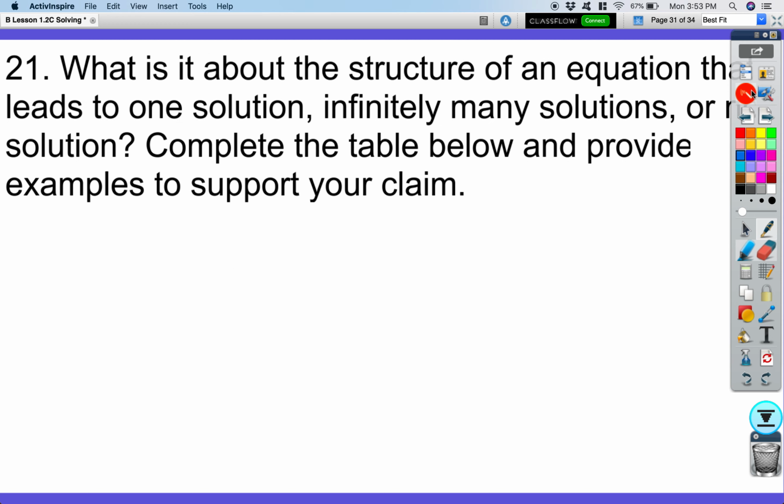All right, what about the structure of the equation that leads to one solution, infinitely many solutions, or no solution? Complete the table below and provide examples to support your claim. So we talked about this over and over, so hopefully it makes sense now. But we're going to put it down on paper, and I'm going to have you refer to these notes.